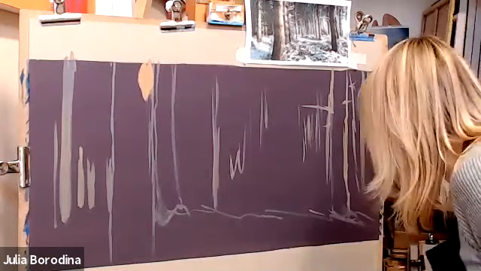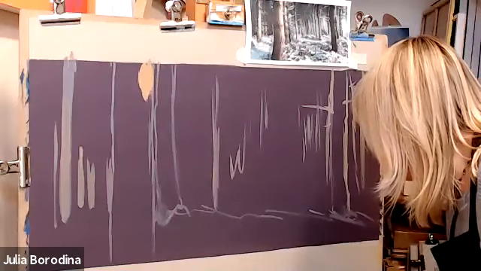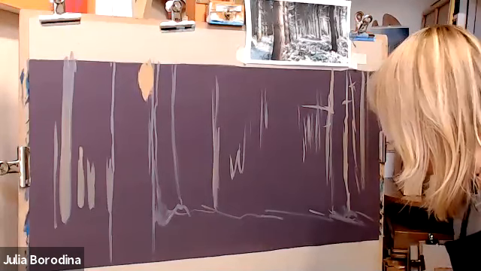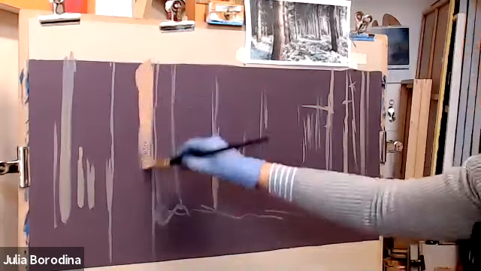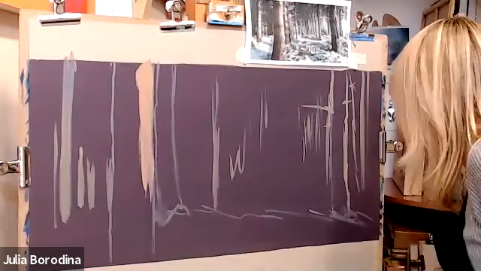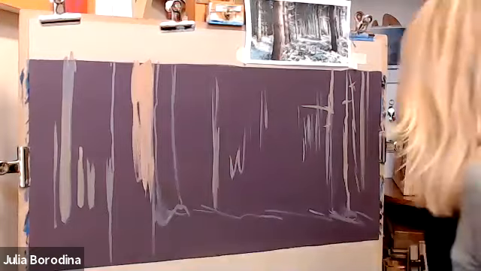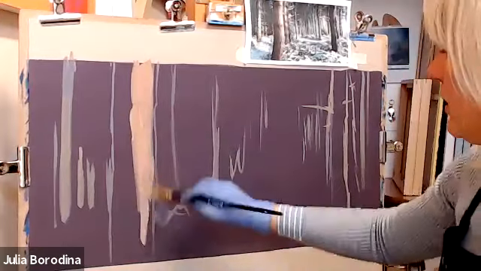Okay, it might be a little bit too yellowy for that tree. So let's have a hint of violet in it to have it look a bit more pinky. Okay. And a little bit more water here as well to soften the whole edge here.